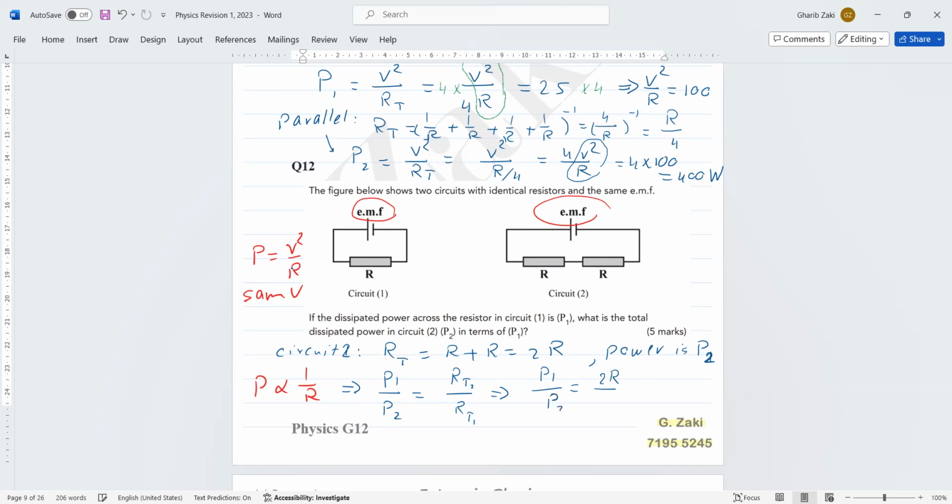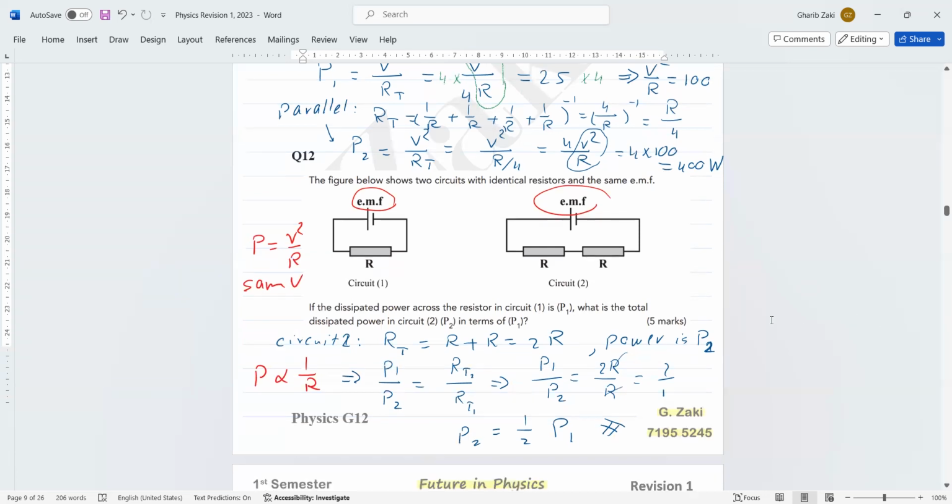And the resistance of the first circuit, the total resistance, is R. Cancel R with R, so it's 2 over 1. Then P2 equals half P1. This is the formula. Okay.